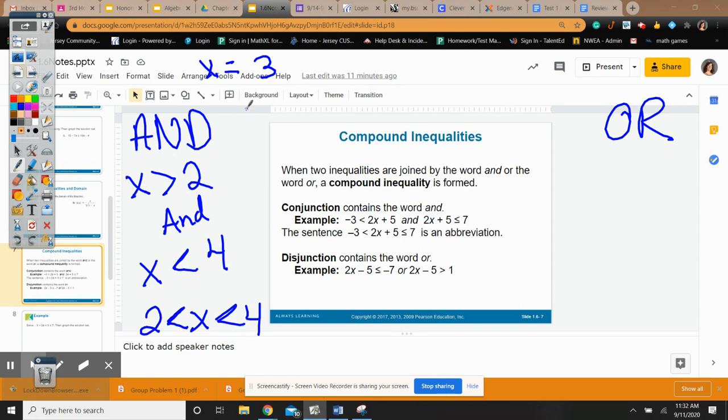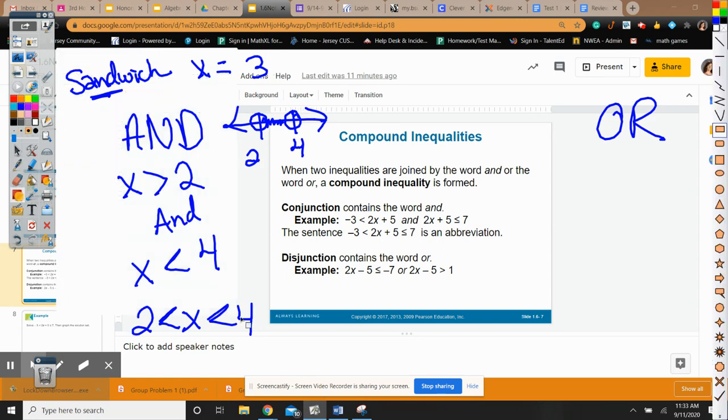When you graph it, all the numbers that are between 2 and 4, we could do the open circles here or the parentheses, and it would be all these numbers, and 3 fits right in there. I say that that graph kind of looks like a sandwich. You're going to see why I say that in a minute, because the word and is in it. But ands mean both can be true.